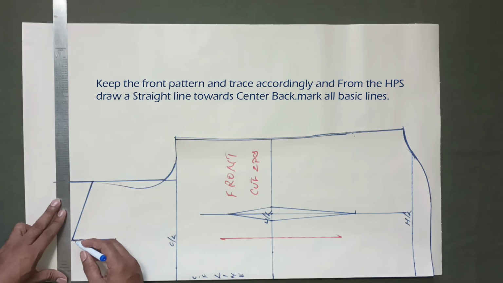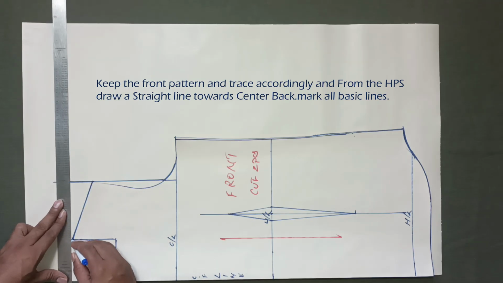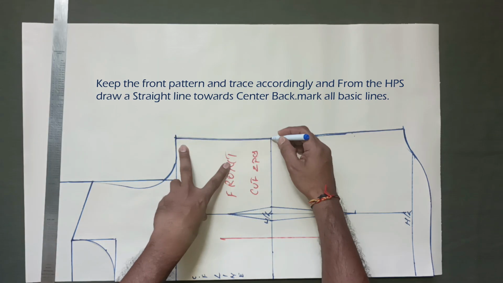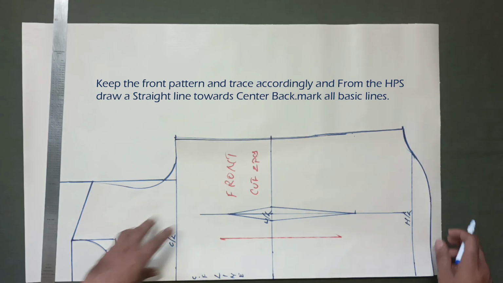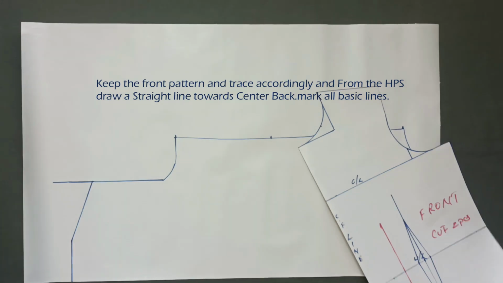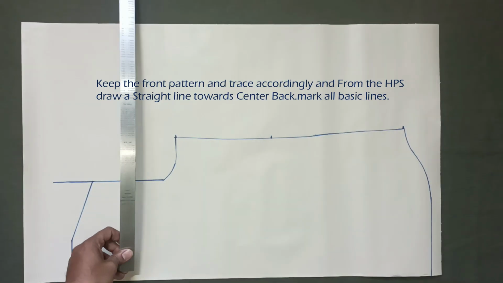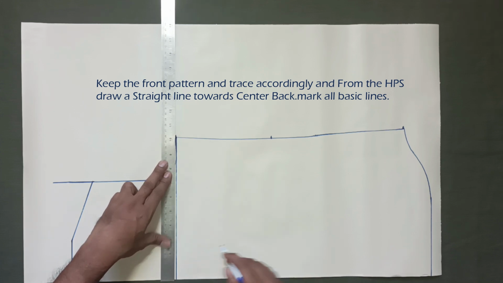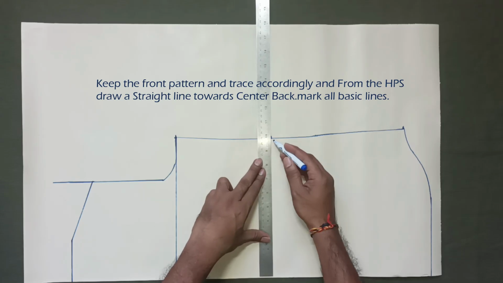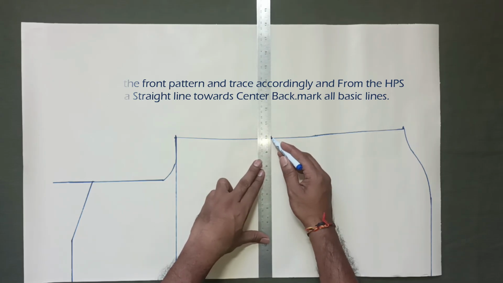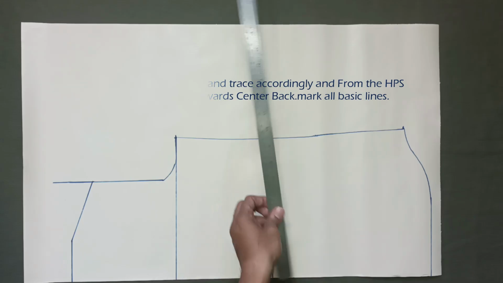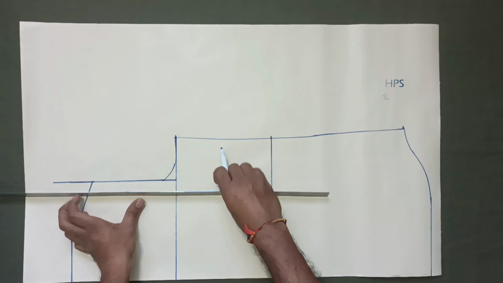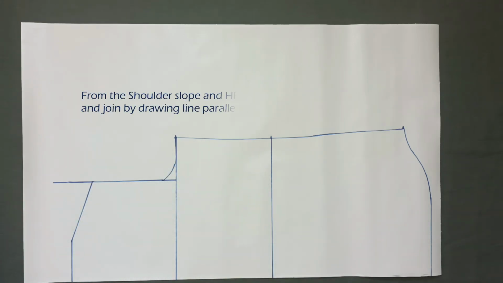From the highest point of the shoulder, draw a straight line towards the center back. Once after tracing, make sure to mark the basic lines. Now draw those lines, that is the chest line and the waist line, and extend this line till the chest line.